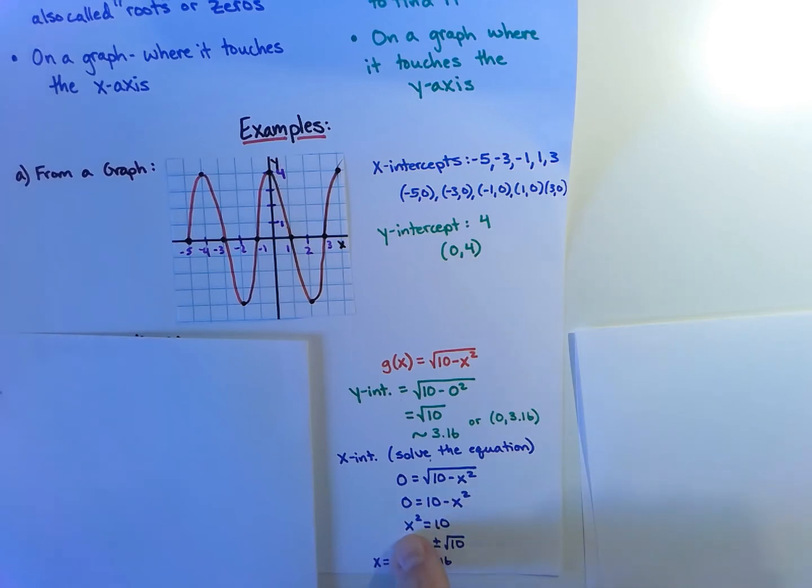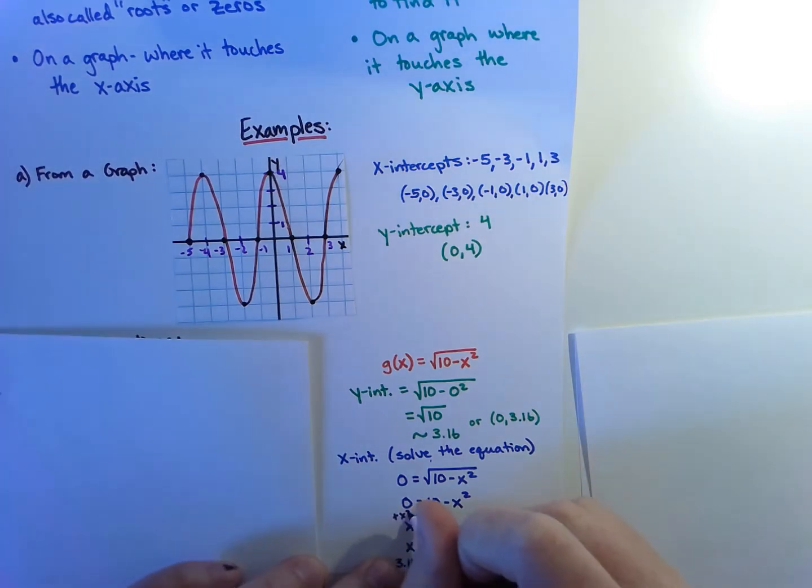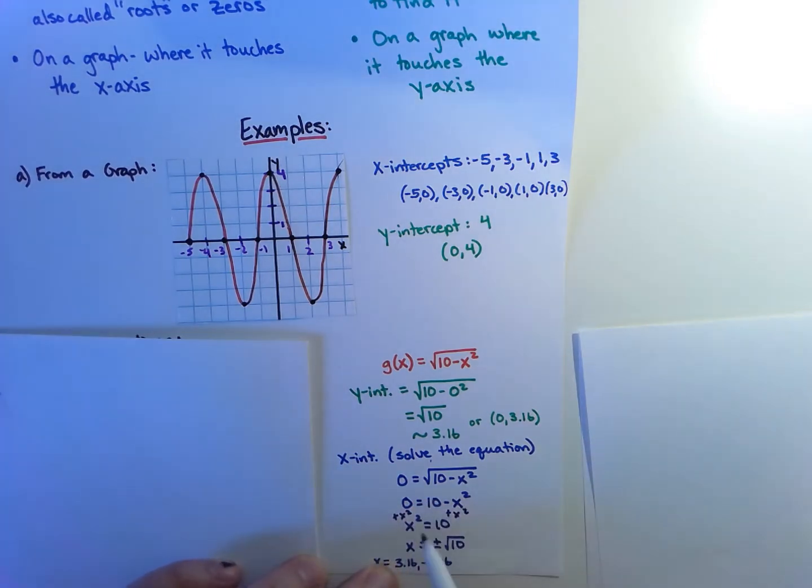And I got x squared equals 10. And from there, I took the square root of both sides and got x equals plus or minus the square root of 10. And that gave me 3.16 or negative 3.16 for my x-intercepts.